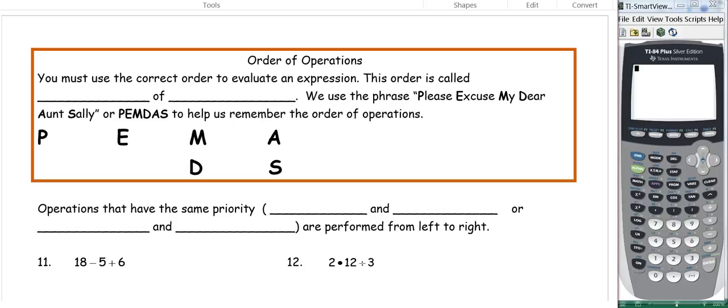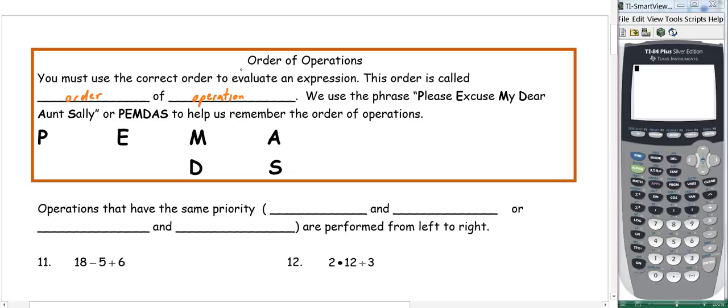Order of operations. So order of operations helps us simplify to solve an expression.